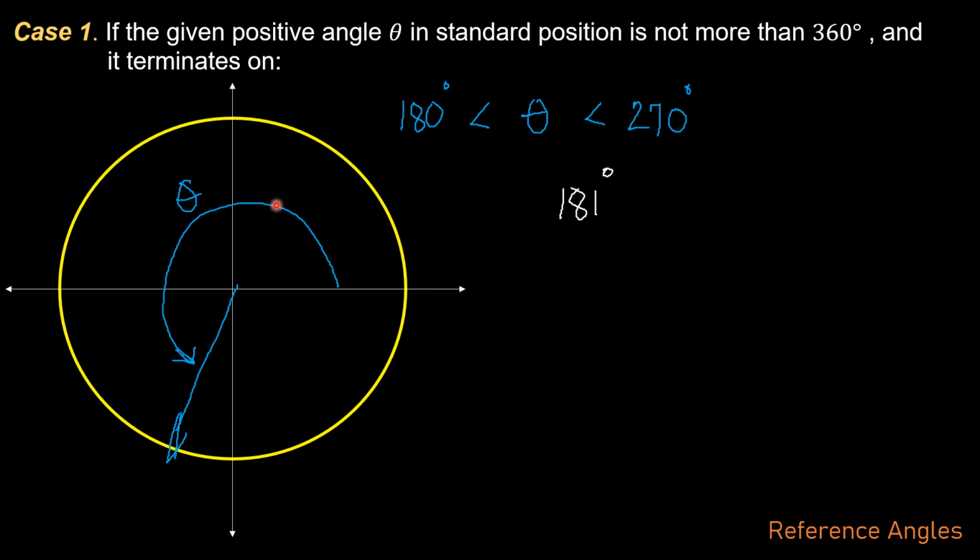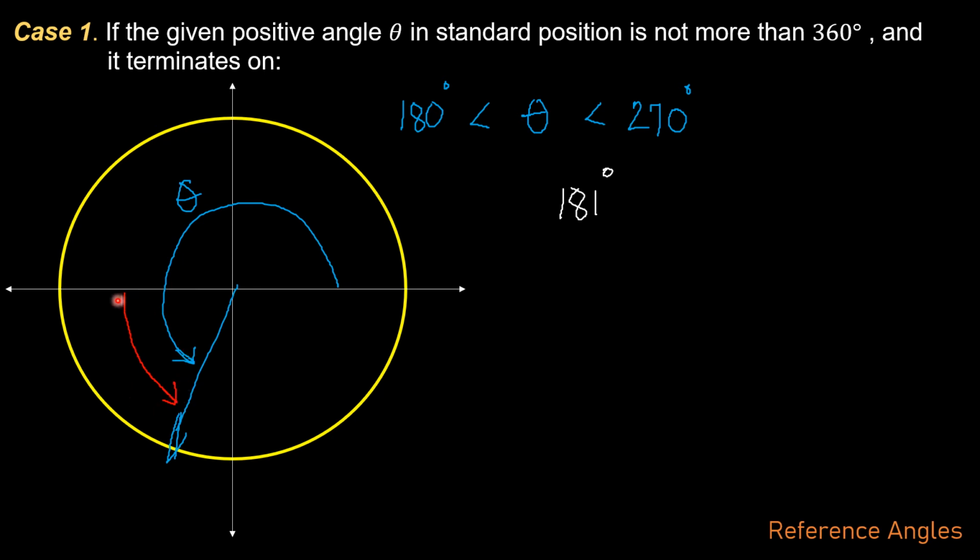If you go back to the illustration here, the reference angle you're looking is actually illustrated here in red. So paano mo ito malalaman? Pag mapapansin mo, the angle in blue is more than 180 degrees. Therefore, the remaining here should be subtracted.